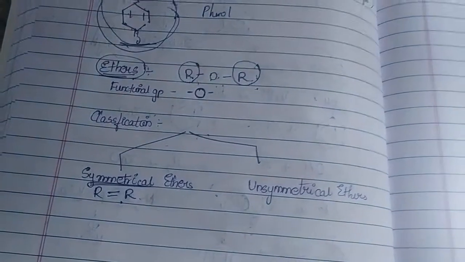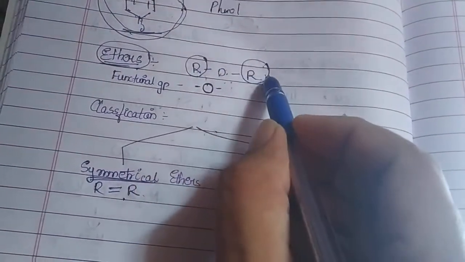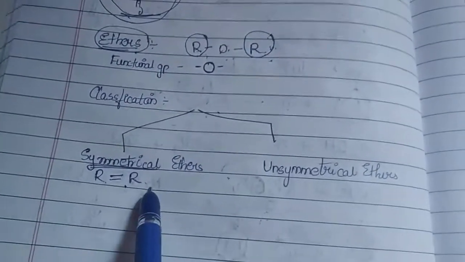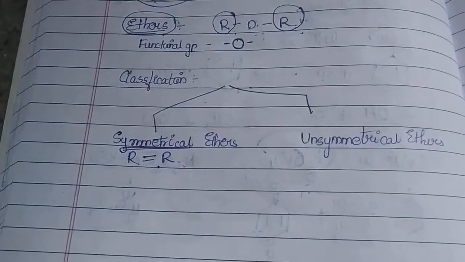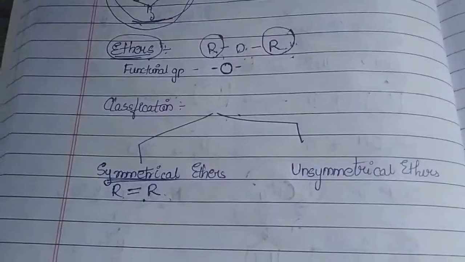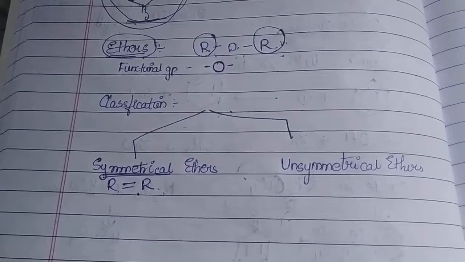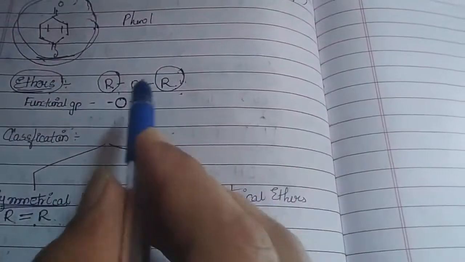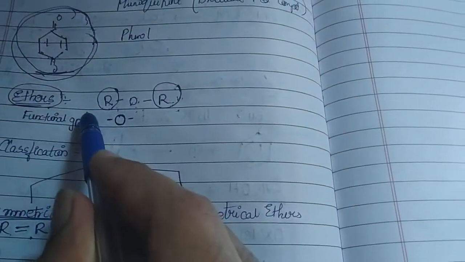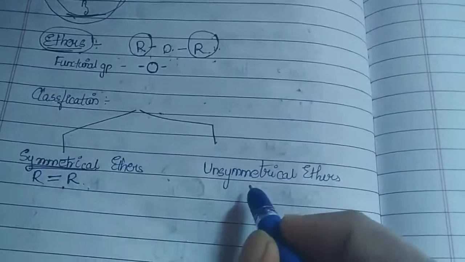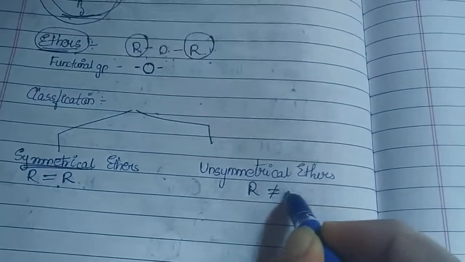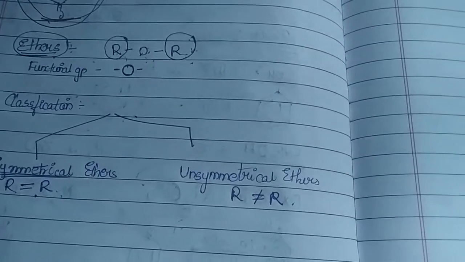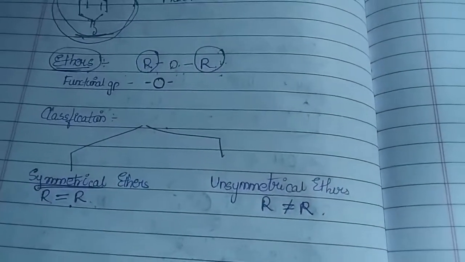I repeat once again, if on either side of the oxygen atom the two alkyl groups are equal, such ethers are called symmetrical ethers. Now you can define the unsymmetrical ethers. If on either side of the oxygen the two alkyl groups are not equal, such ethers are called unsymmetrical ethers. Are you getting my point?